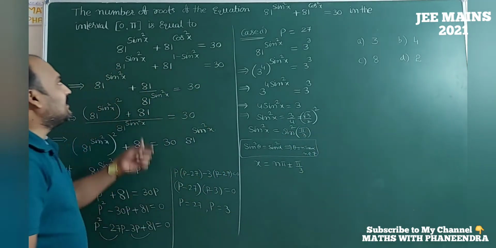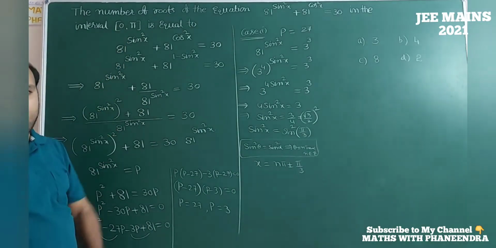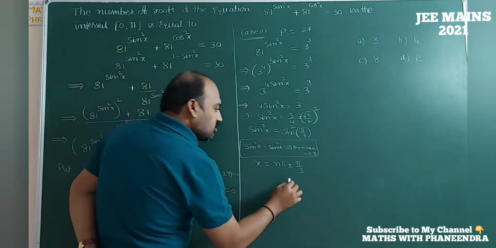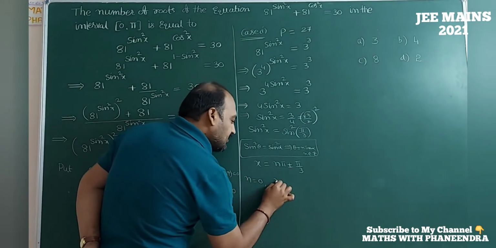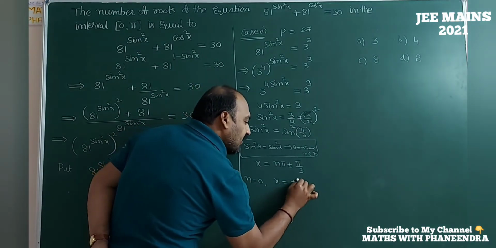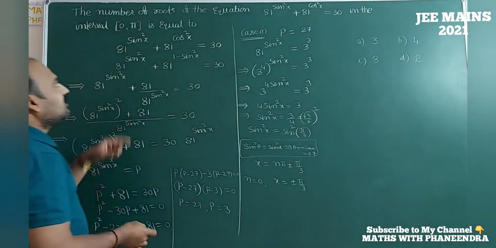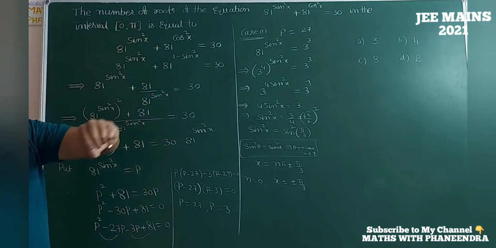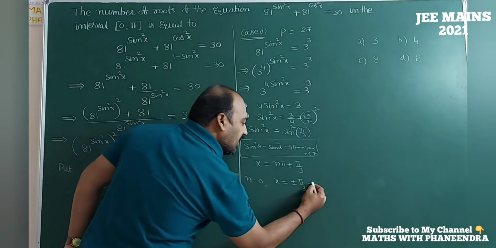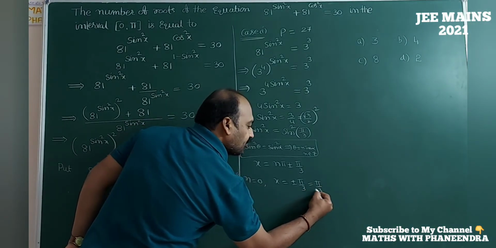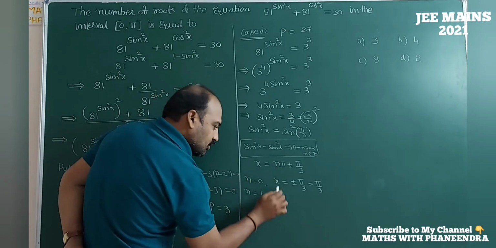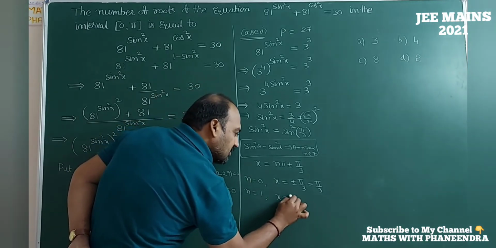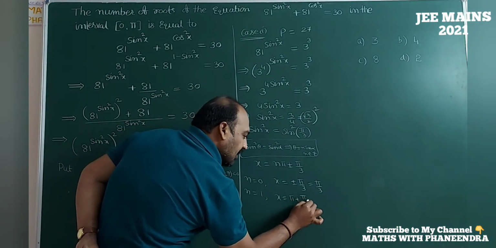But here the case is in between 0 and pi, the closed interval of 0 comma pi. So when n is equal to 0, x is equal to plus or minus pi by 3. But the closed interval of 0 comma pi means positive interval only, so we can consider only pi by 3. When n is equal to 1, substituting x value: pi plus or minus pi by 3.